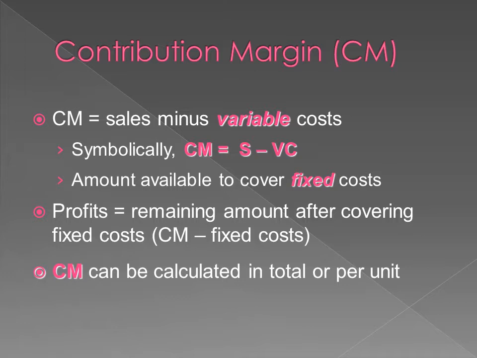Now, this can be expressed in a percentage or in units. So you'll see that contribution margin is your total amount of sales minus the total cost to accumulate those sales. The amount that's left over is your contribution margin, and that's the amount that's available to cover all your fixed costs.